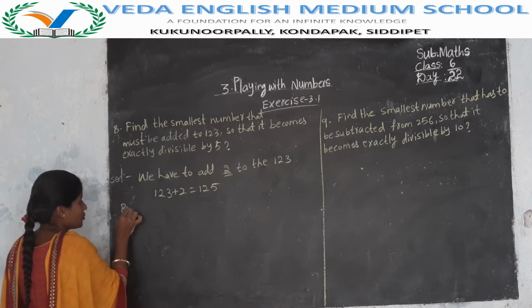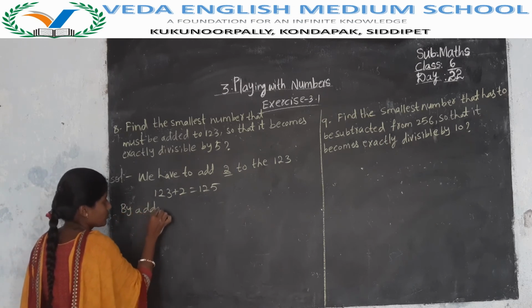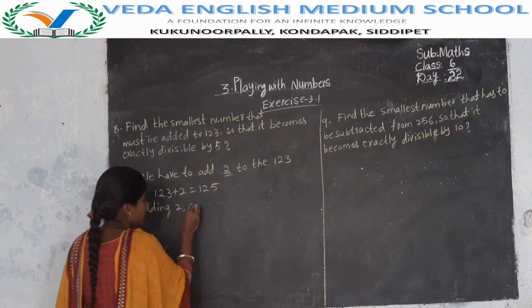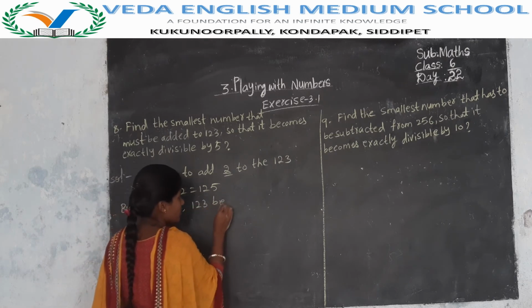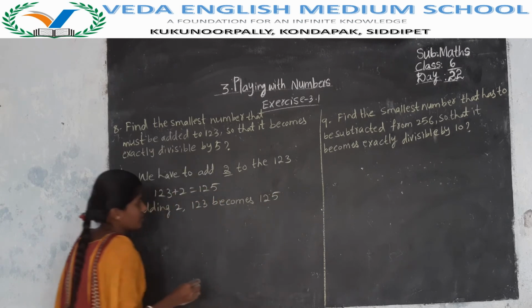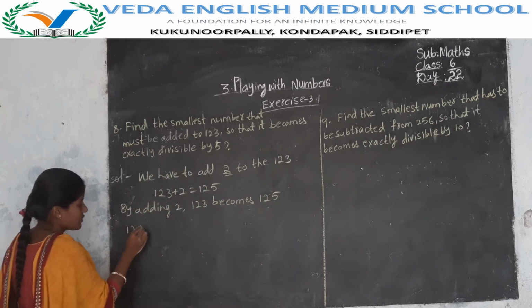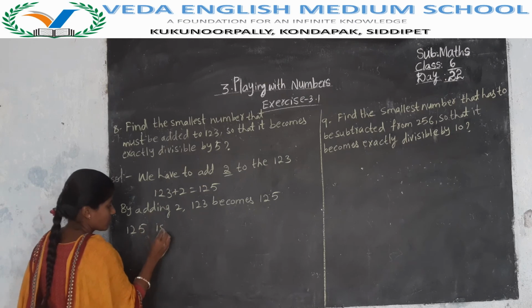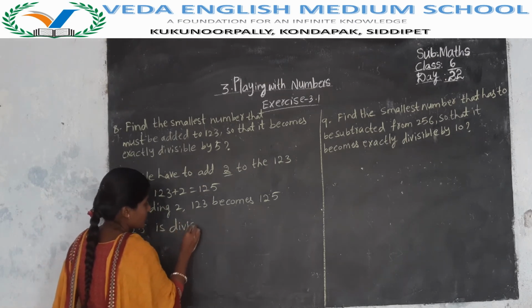By adding 2, 123 becomes 125. 125 is divisible by 5.